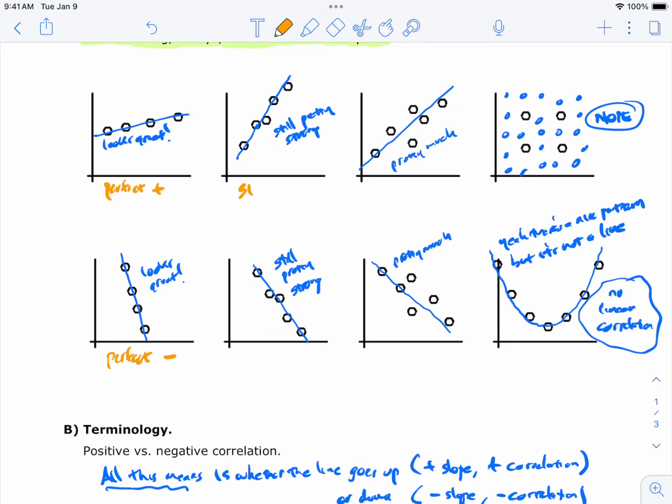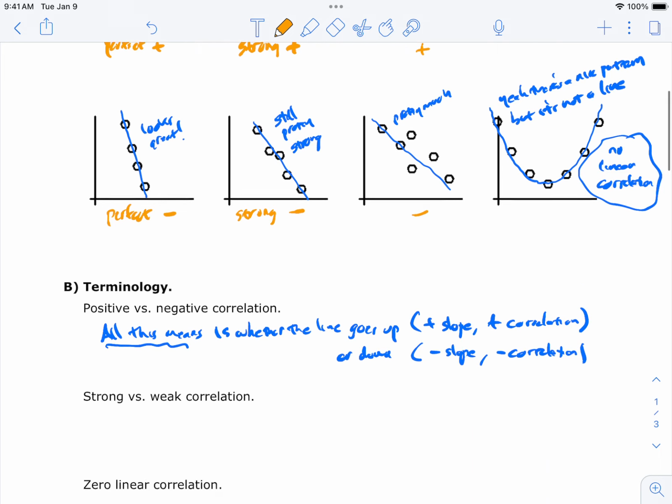This is a strong positive correlation. This would be a strong negative correlation. And this is also positive, this is also negative. I wouldn't say it was strong, but it's not bad. Okay, what else we got?